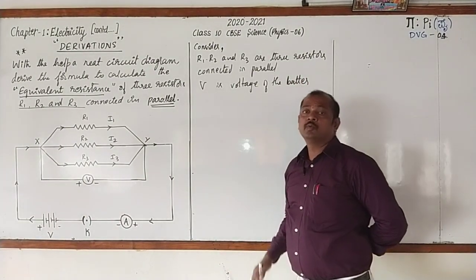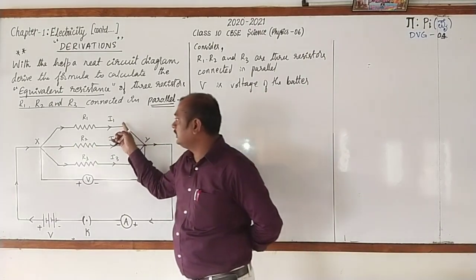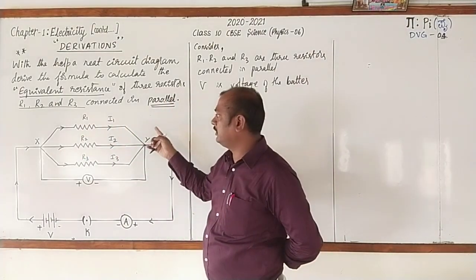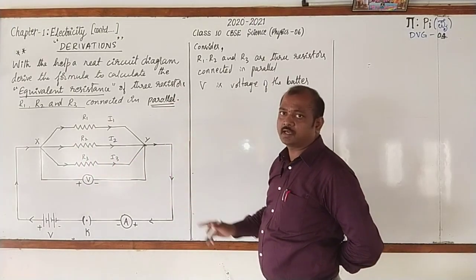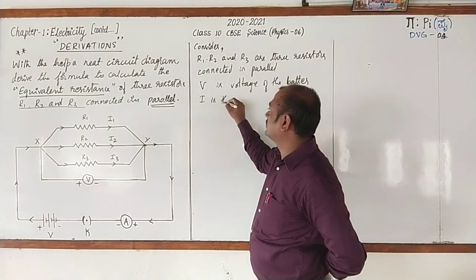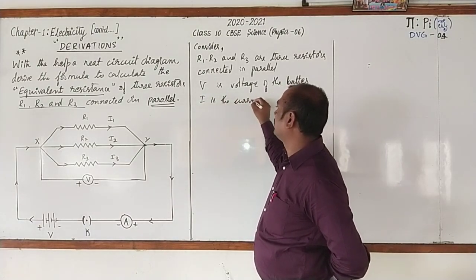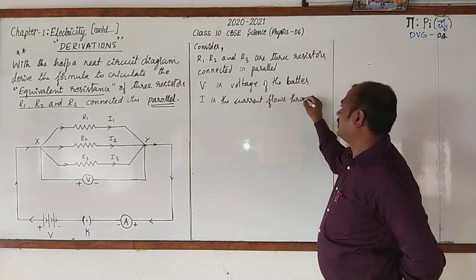Next, what do you say about I1, I2 and I3? I1 is the current flowing through R1, I2 is the current flowing through R2 and I3 is the current flowing through R3. I write the same. I1 is the current that flows through R1.